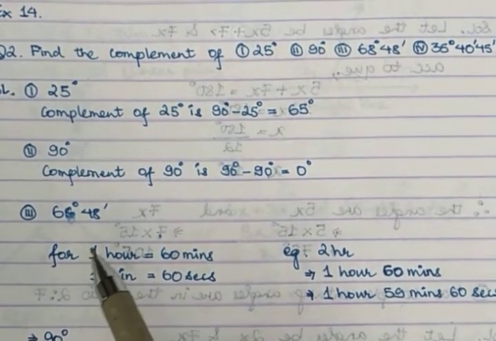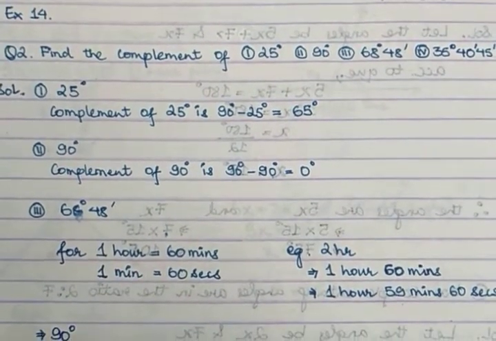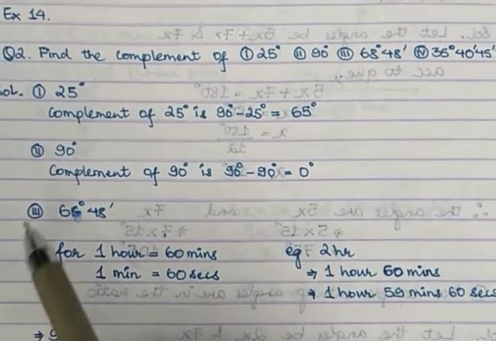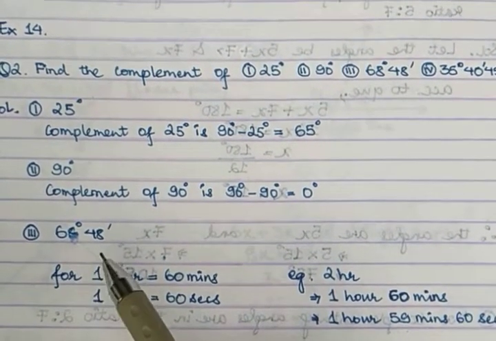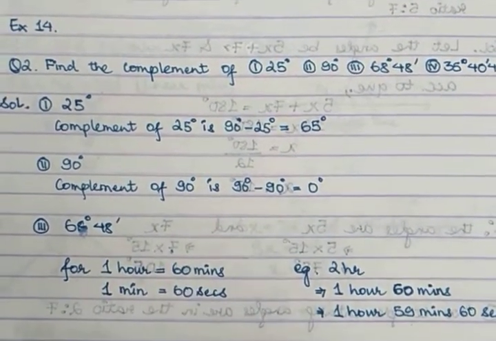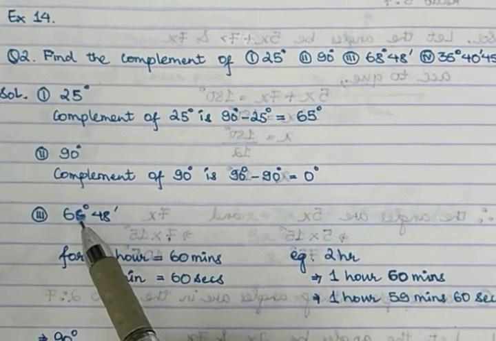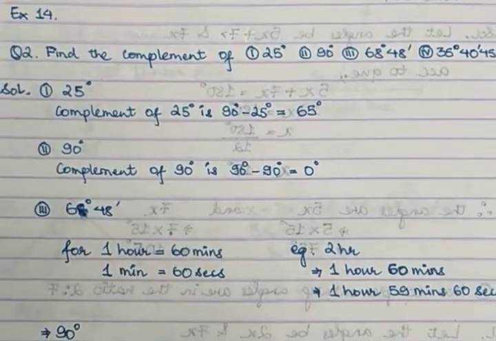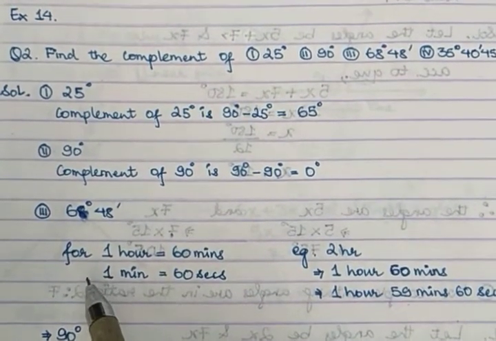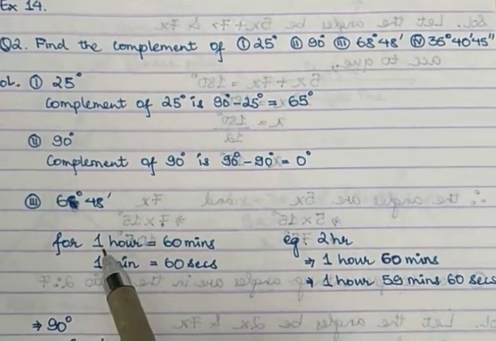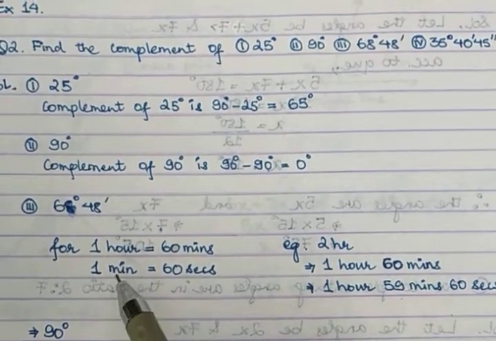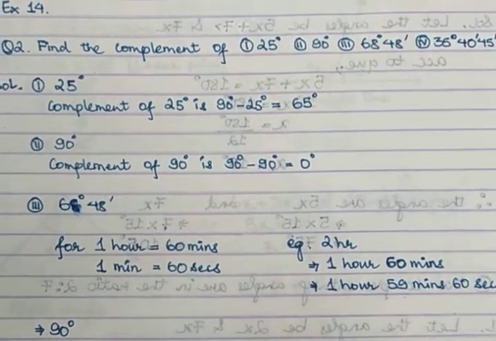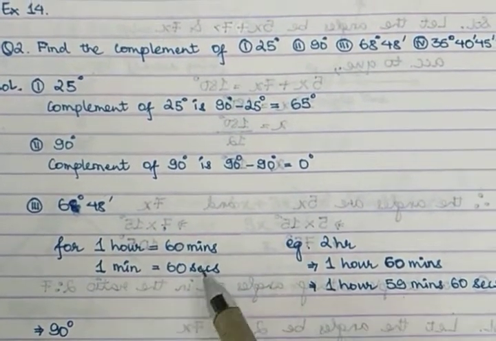Similarly, while dealing with angles, we get degrees, then minutes, and then seconds as well. So in question number 3, we have 68 degrees and 48 minutes. Now see, 1 hour can be written as 60 minutes, and 1 minute can be written as 60 seconds.